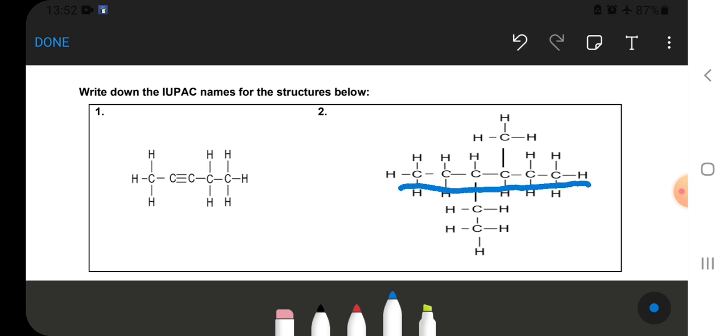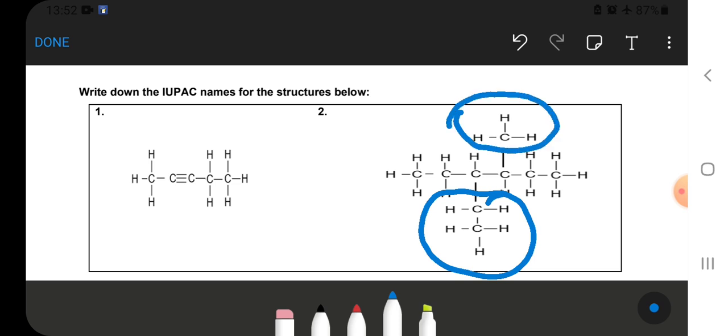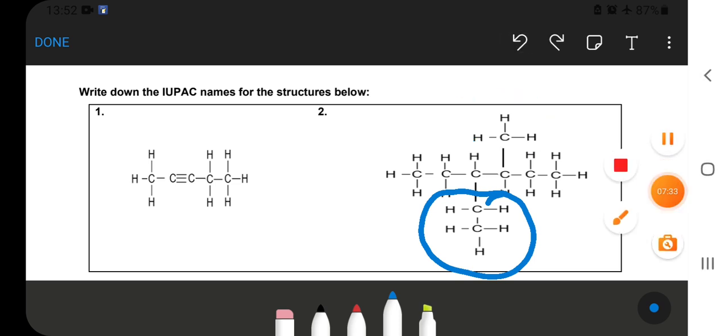This one here is the main chain. This one is the main chain. But that one on top is not part of it, it is a branch, and this one also is a branch.